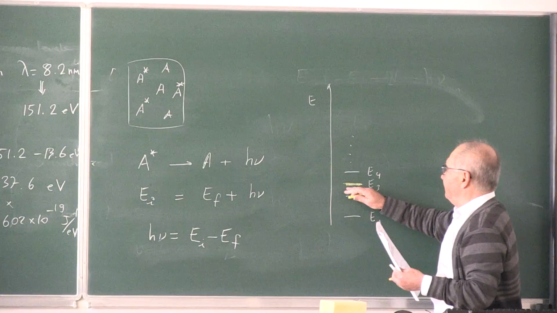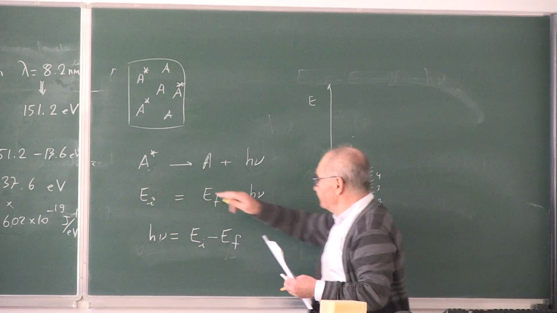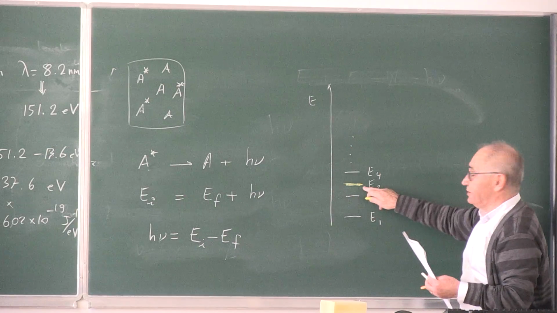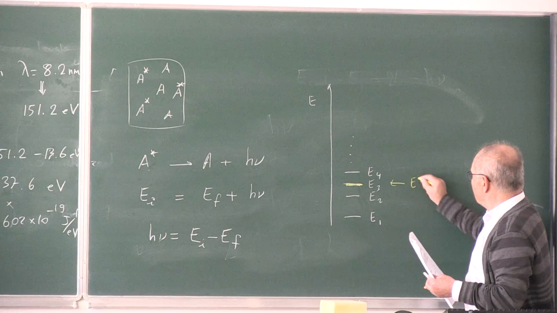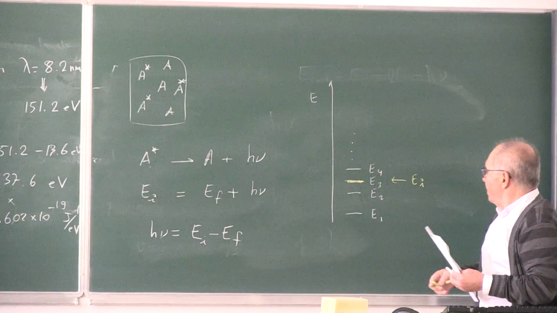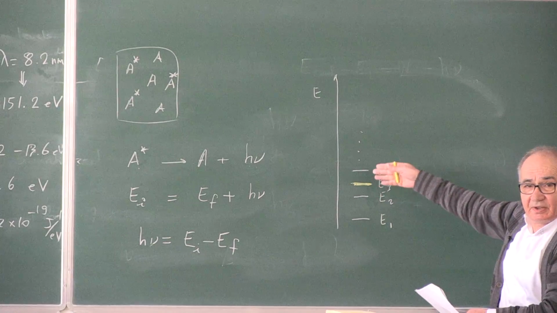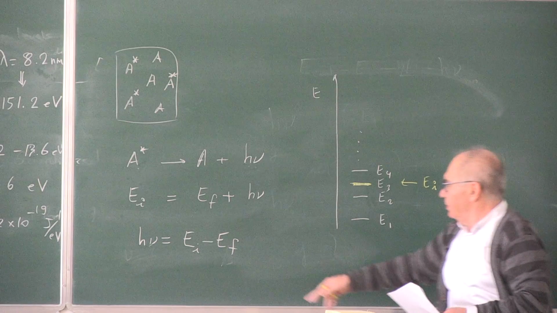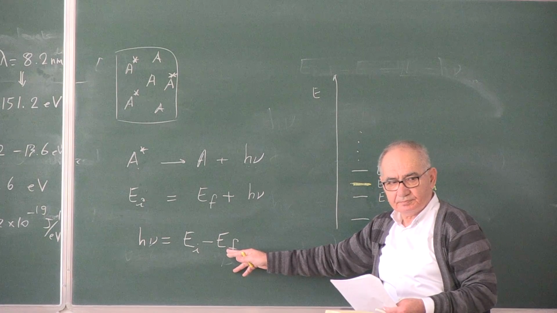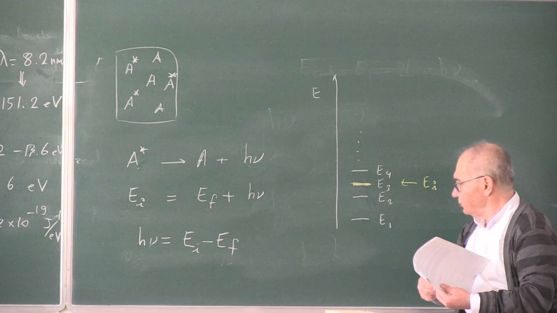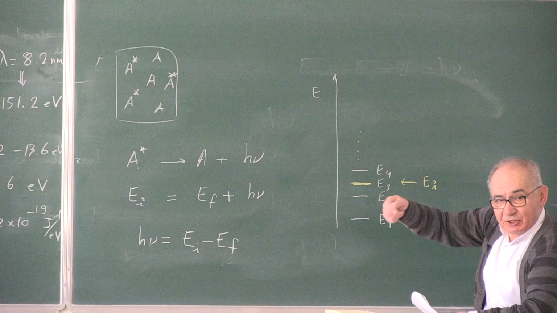Let us say this molecule A is in this excited state initially. What are the possibilities for final energy level as a result of emission?